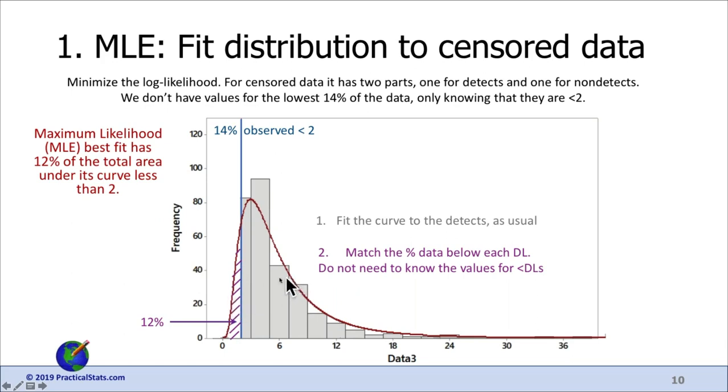So in this case, with the best fit, maximum likelihood decides that there's 12% of the data underneath this curve that is the best fit curve to this data set. So we've come close, with 12% being close to 14%, and apparently by trying to make it 14%, that decreases the fit here for the detected values. And so it's a trade-off.